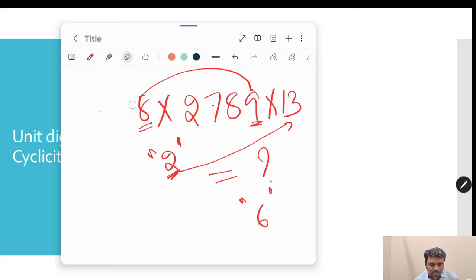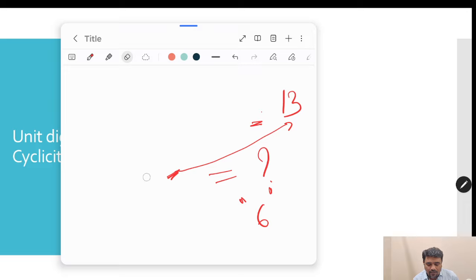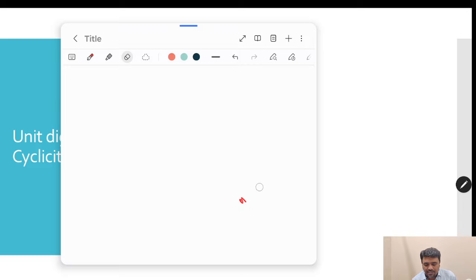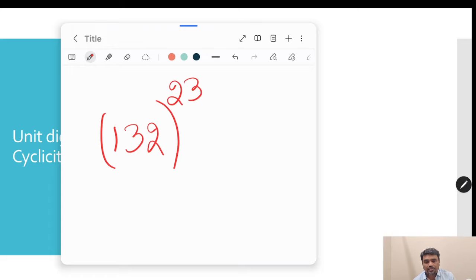Now you understood that unit place is dependent on unit place only. So the question may be like 132 whole power of 23. What is the unit place of the result?